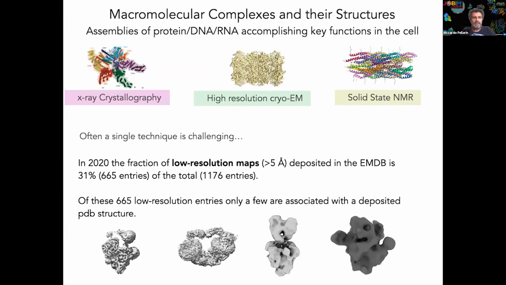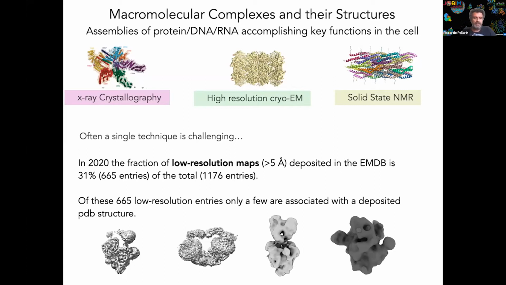But in many cases, a single technique is not possible. A measure of that: constantly every year, about 30% of entries deposited in EMDB are low resolution maps, worse than 5 angstrom. And of these low resolution maps, very few are associated with a deposited PDB structure.